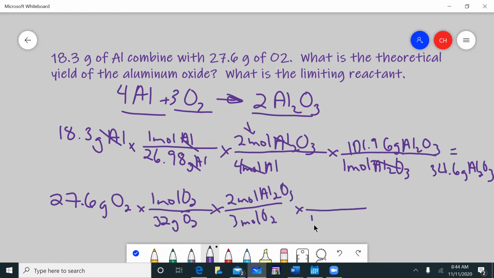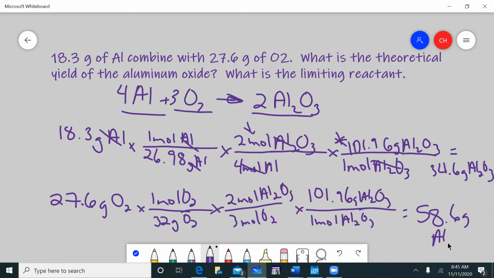Last step, 1 mole of the Al2O3. This mirrors what we have here. 101.96 grams of Al2O3. So once you've solved for the molar mass of the product you're going towards, you can just reuse it in the second one. This one tells us that we get 58.6 grams of Al2O3. So the limiting reactant is going to be aluminum.